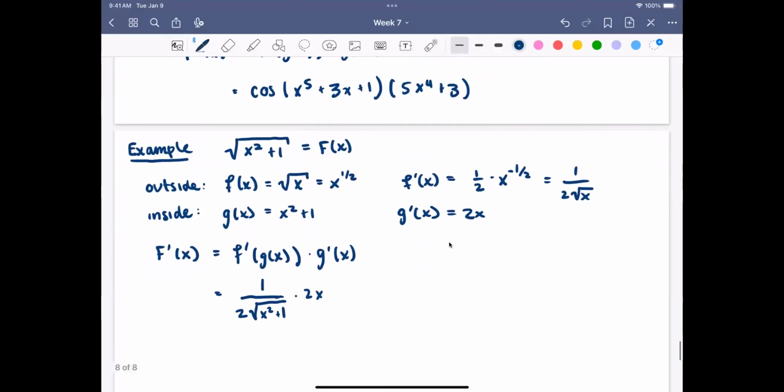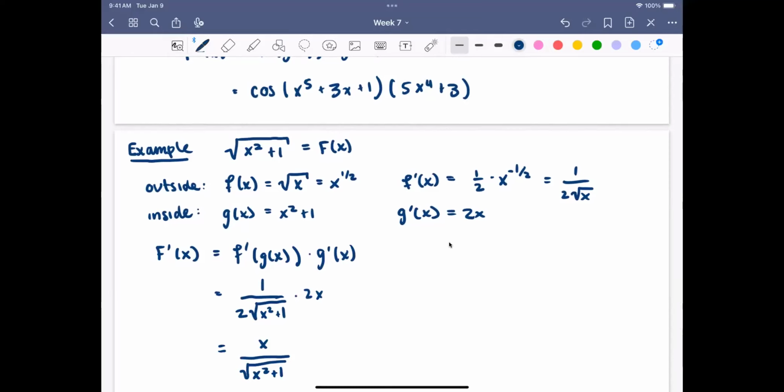And this simplifies a little bit to just x over square root x squared plus 1. Okay, are there questions? Are we happy with this?